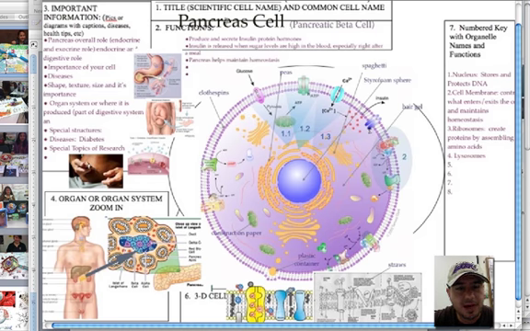This would be the common name, pancreas cell. Functions: it produces and secretes insulin, protein, hormones. Insulin's released when sugar is high, and it lowers the sugar. Pancreas helps maintain homeostasis. This one releases insulin. And so you would talk about its function and importance in diabetes and things like that.